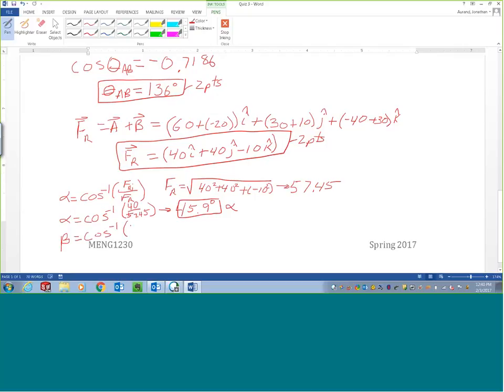And that is the same thing here, 40 over 57.45. Takes us to 45.9. That's beta. I'll do my gamma over here. Cosine to the negative 1 of negative 10 over 57.45. And that takes us to 100 degrees. That's our gamma.